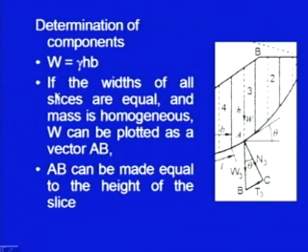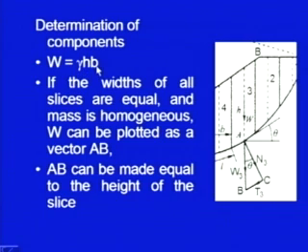Now, if we keep the widths of all the slices the same and also if the mass is homogeneous, then W can be plotted as a vector AB. In this case, we can directly take W as a function of h only, because we are taking b constant, the width is constant, and gamma is constant because it is homogeneous.